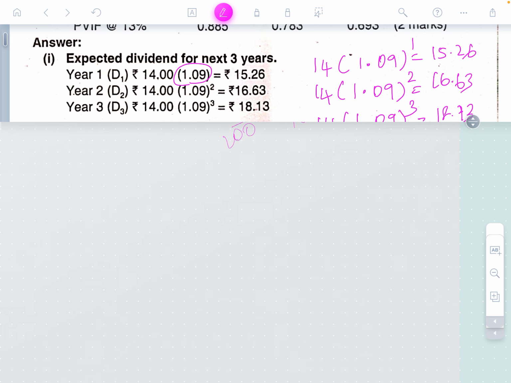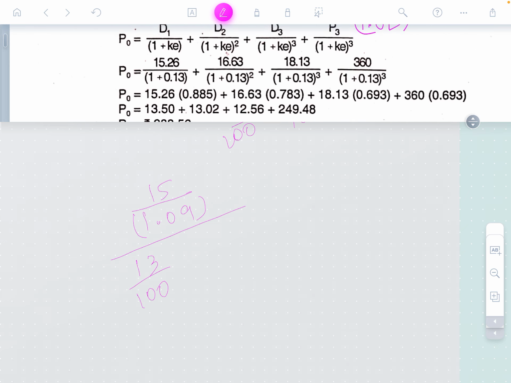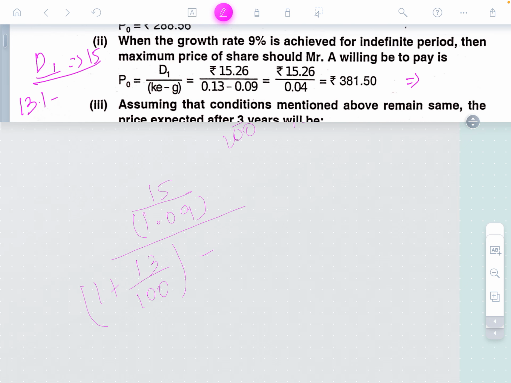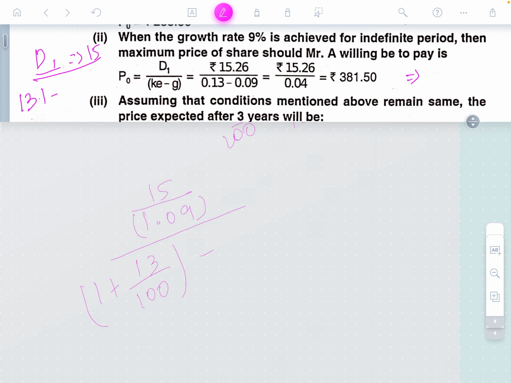I got it. So 15 is the dividend I get, 1.09. It is the dividend divided by 13 divided by 100 minus 9 divided by 100.